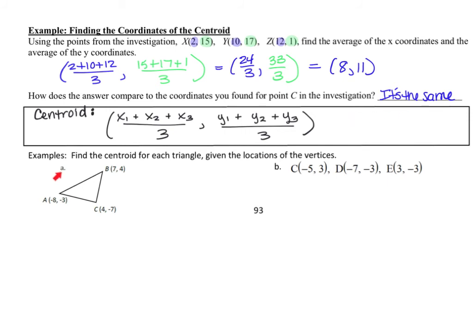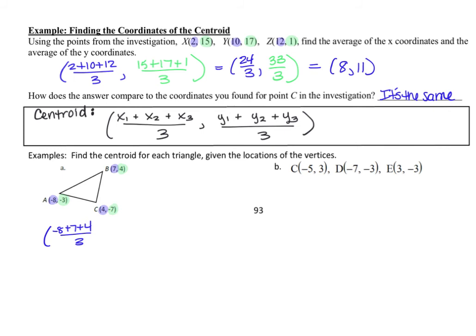Now let's apply the formula to find the centroid for each of these triangles below, given the location of the vertices. You don't necessarily need a graph to find the centroid, you just have to know the vertices. If we look at our x values, we have -8, 7, and 4. That's going to be the first part of my formula. You're going to add those together, divide by 3, and then we'll do the same thing with the y values.